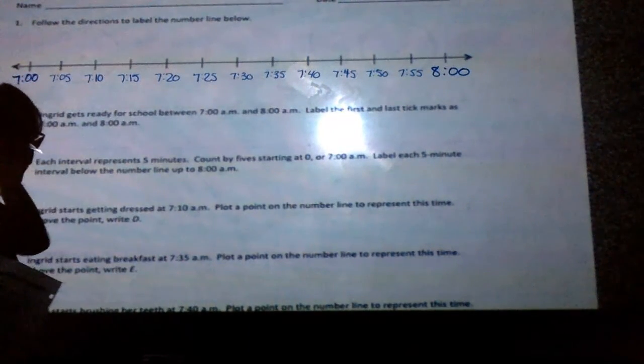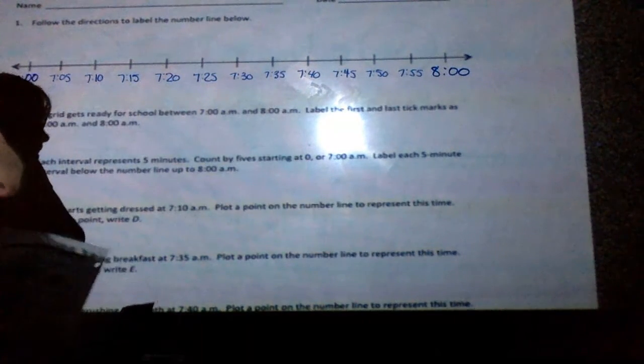You can go ahead and pause it if you need more time. 7 is the start of every single one, and we counted like we were going around a clock, 5 minutes each one.